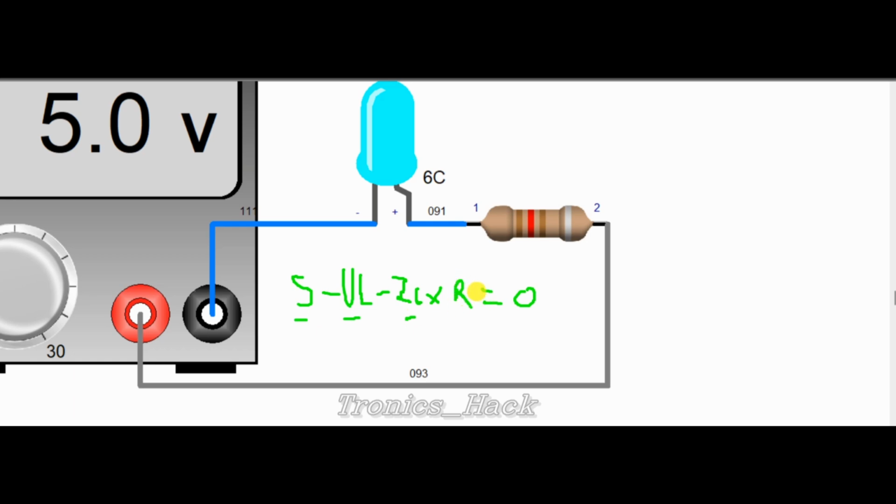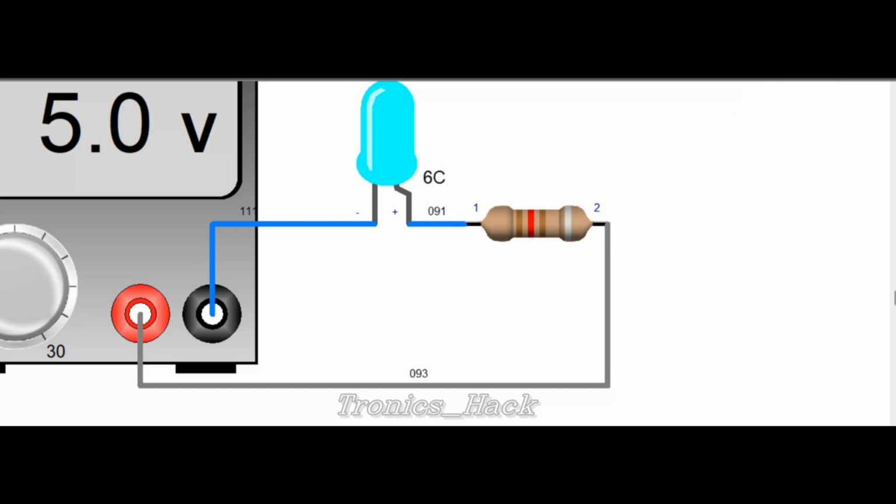Now we have to find a resistor. The resistor will be 5 minus V LED all over I. That's all, and we get the resistor value. Simple.